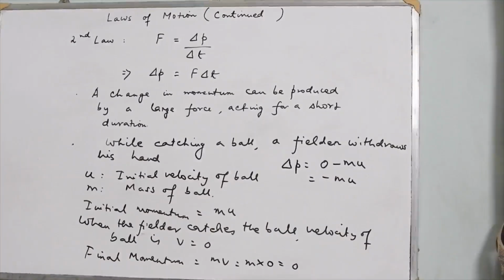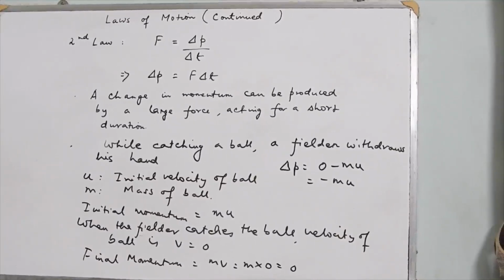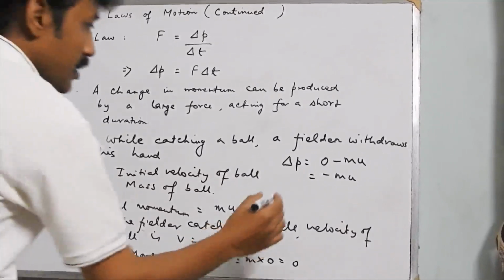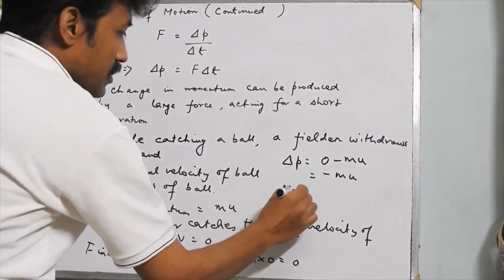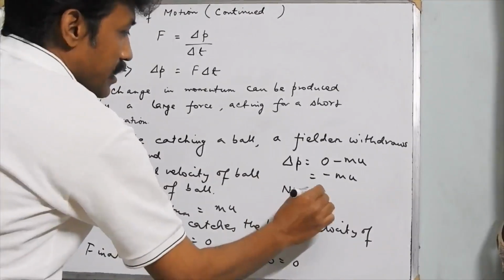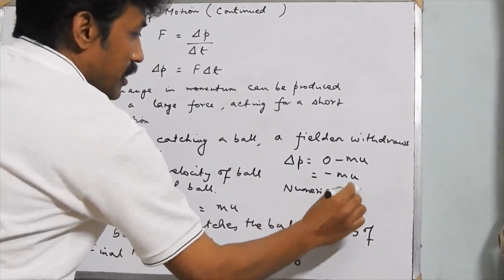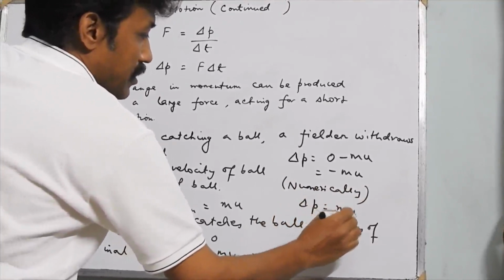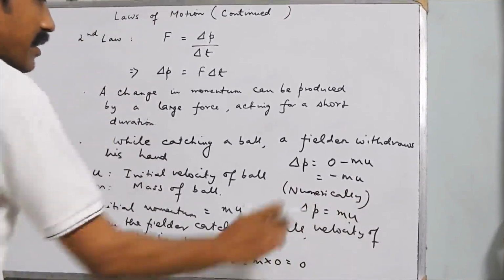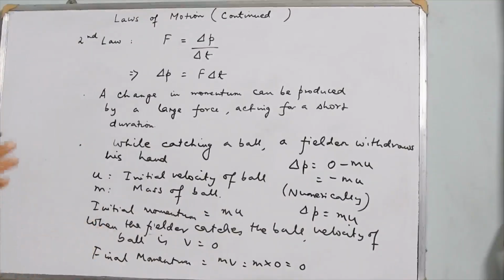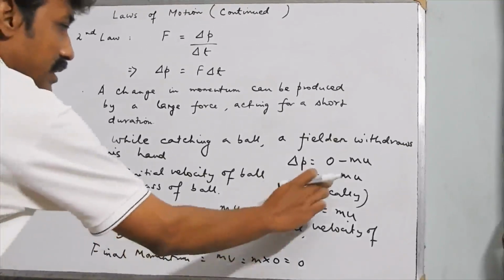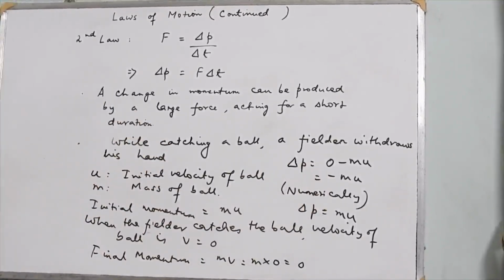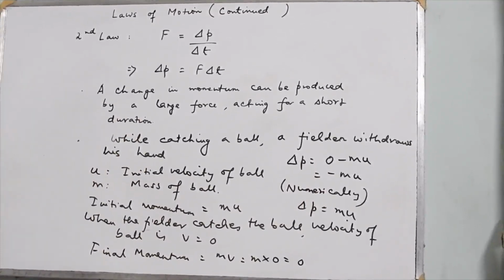That is, your change in momentum is in direction opposite to the initial direction of momentum. So numerically, if you are interested in the value only, delta p is mu. The negative sign has nothing to do with the magnitude of the value. The negative sign indicates opposite direction. So change in momentum is mu.